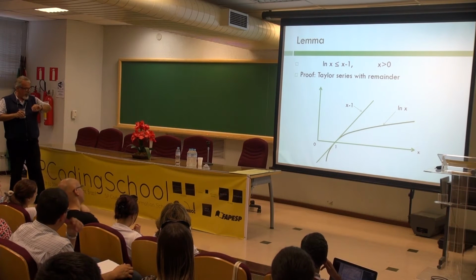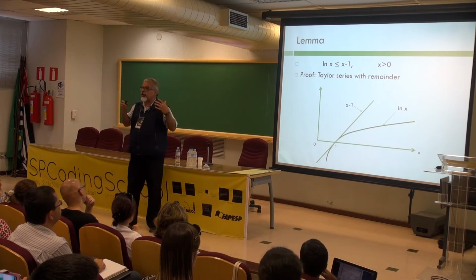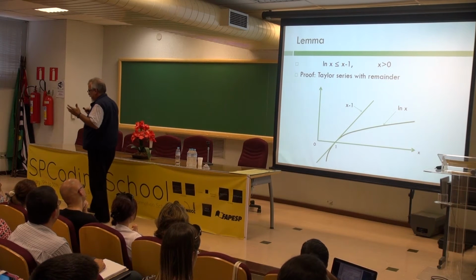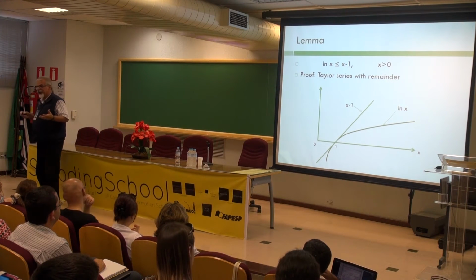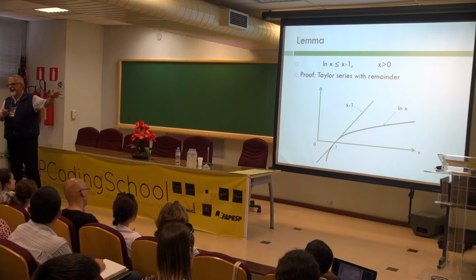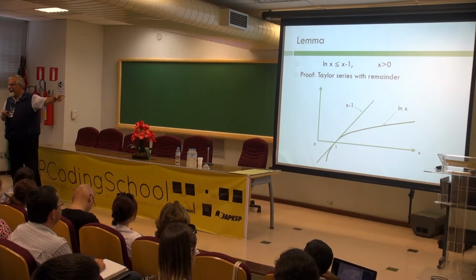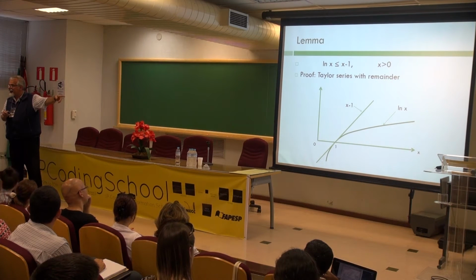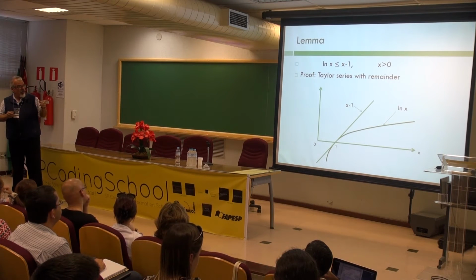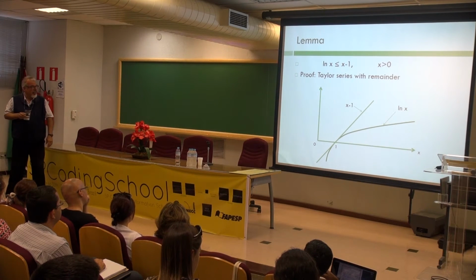Okay, now I come to a lemma that is sometimes called the information theory lemma. It's so simple, but we'll see that most of the stuff that we'll see this afternoon is really derived from this. It's an amazing consequence to say that the natural log of x is smaller than x minus 1, the straight line that passes by x equals 1.